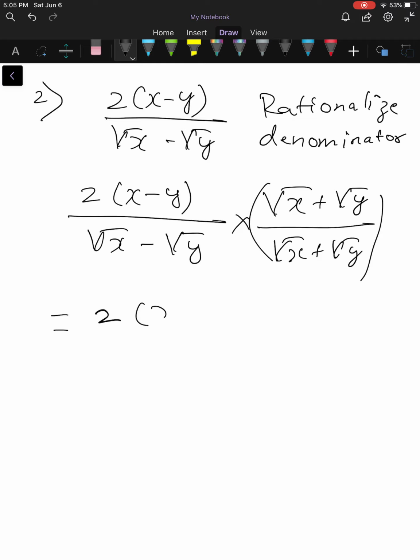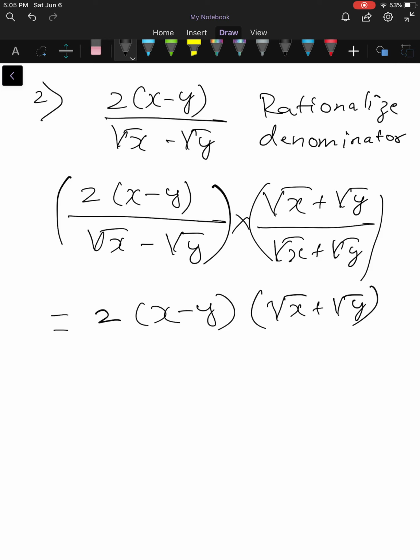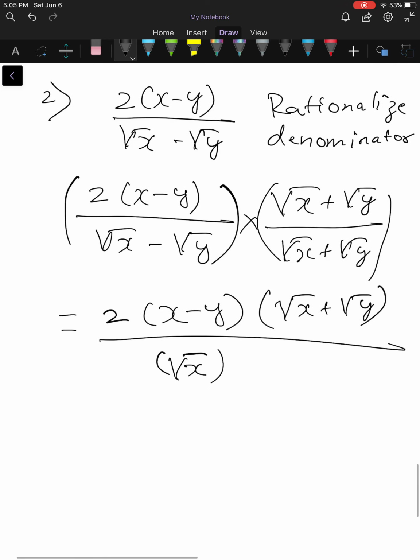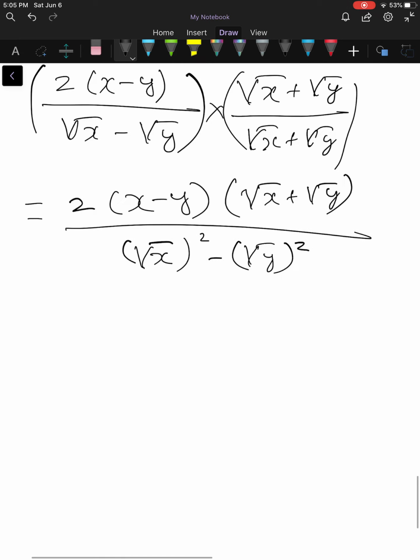In the numerator, if you multiply the two rational expressions, you get 2 times x minus y times square root of x plus square root of y, divided by, applying the formula, square root of x the whole square minus square root of y the whole square.